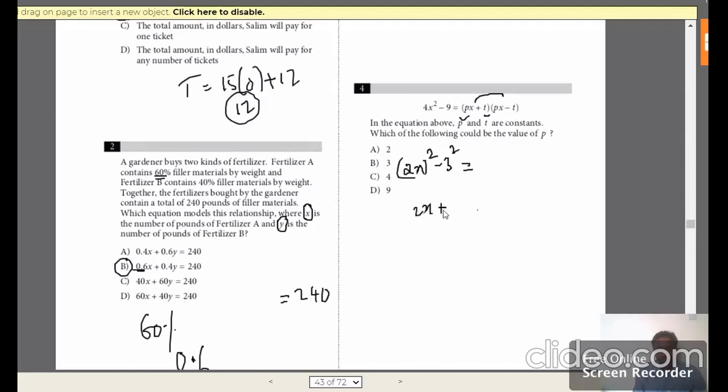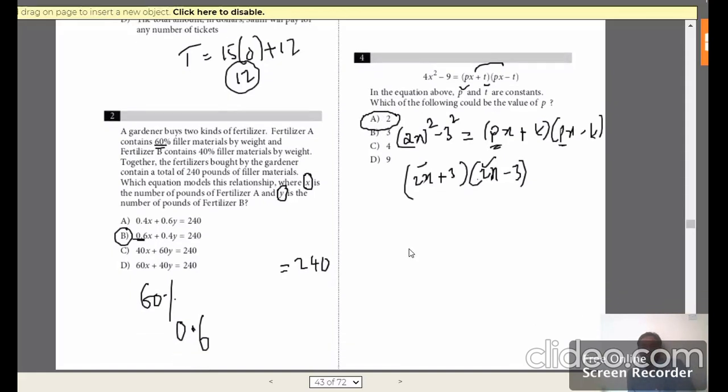I can split it up as (a plus b)(a minus b), and then equate with what I have, (px plus t)(px minus t). So what does p indicate here? The coefficient of x, which is absolutely the same. It means the option is 2.